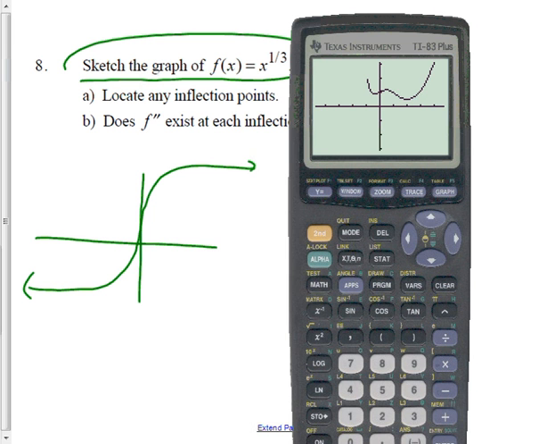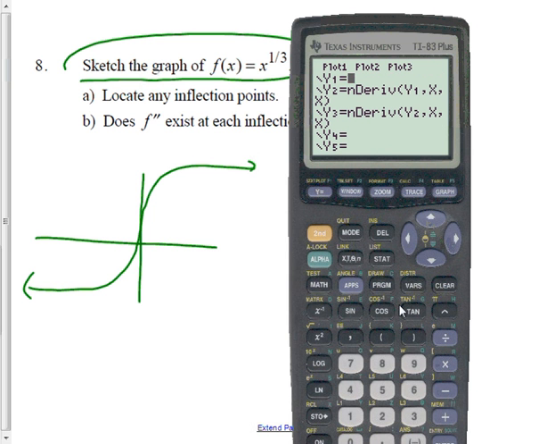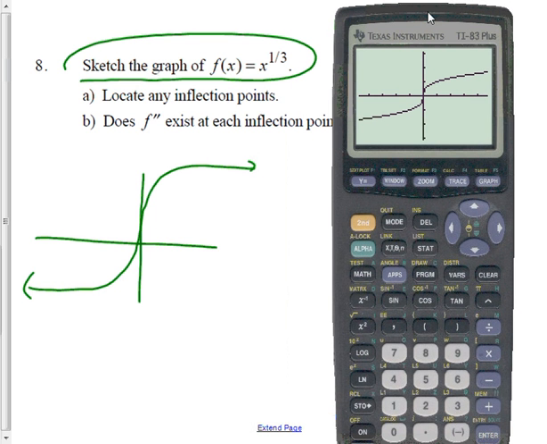But just to prove it with our calculator, we can enter in x to the 1/3, making sure that we include parentheses. And if we graph this, we get what I just sketched up there.